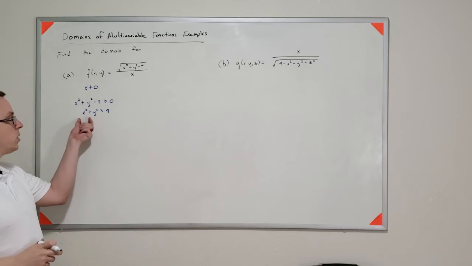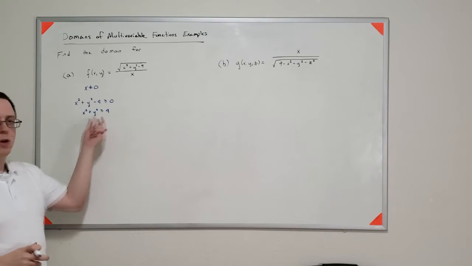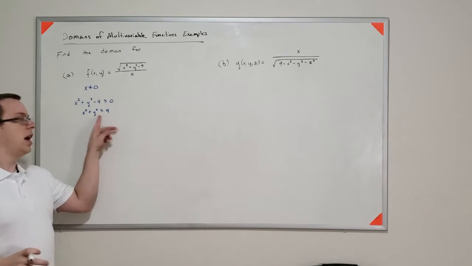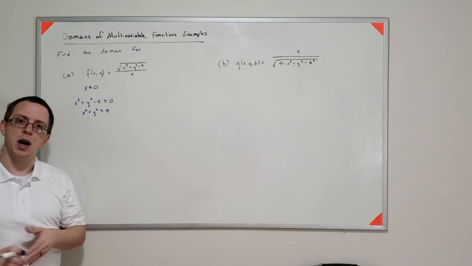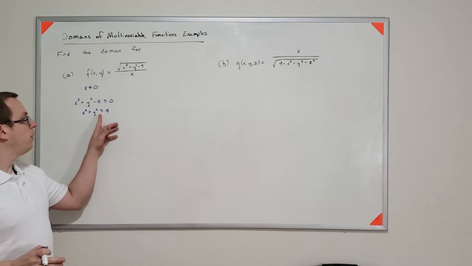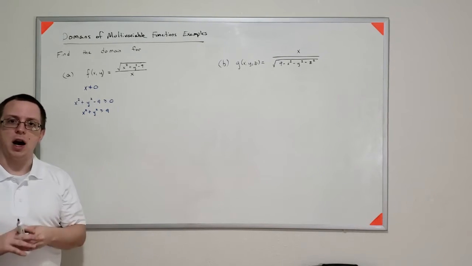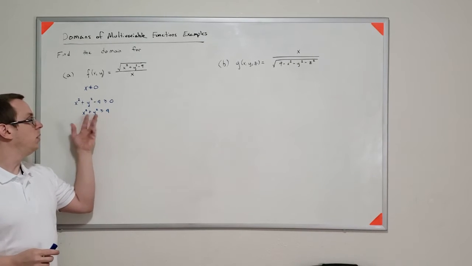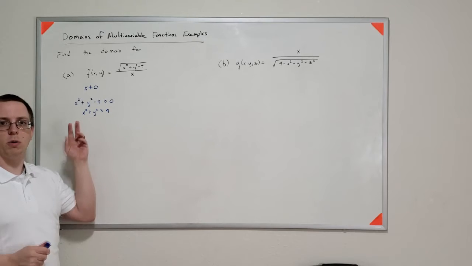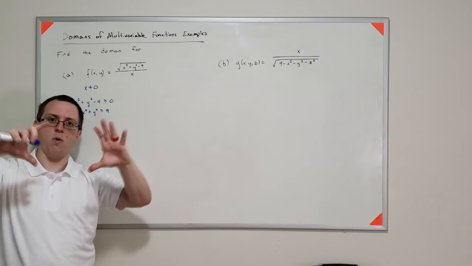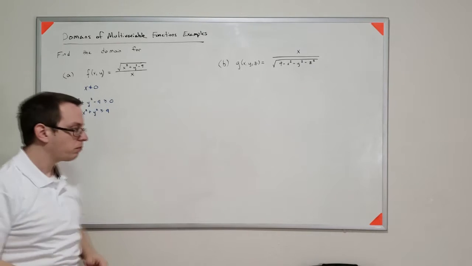And if that were an equal sign, x squared plus y squared equals 9, that would be the equation of a circle. So if we have x squared plus y squared greater than 9, that could be 10 or 12 or whatever. So instead of being a circle of radius 3, it could be radius 4, 5, whatever.